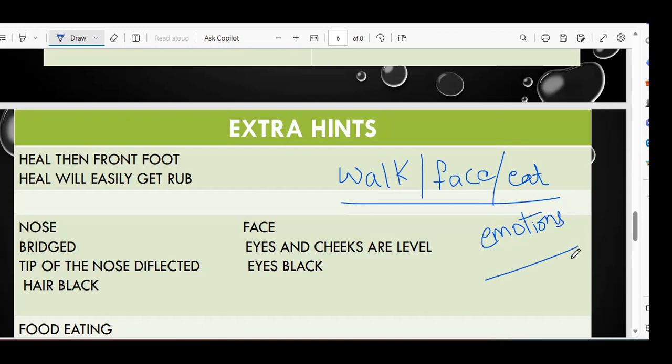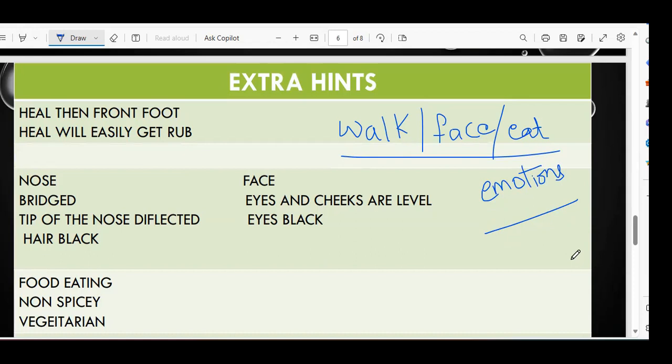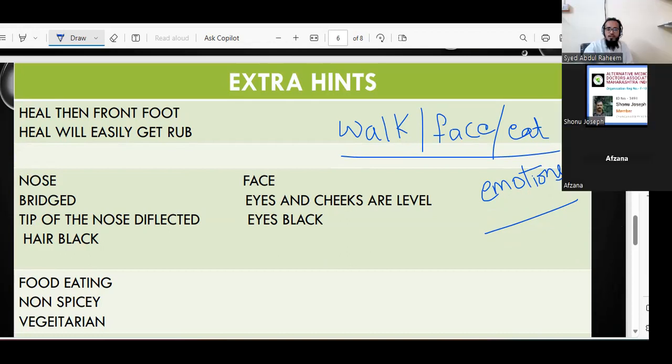So how does he walk? We can see the foot of the person when he is walking. We have the front part and the heel part. You can divide it into two things.